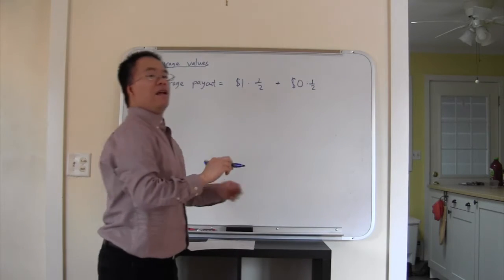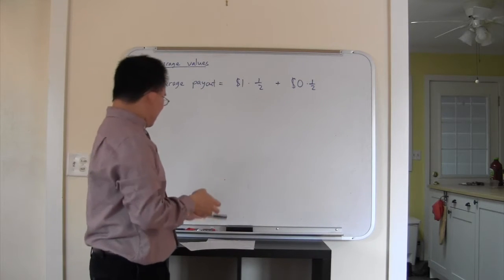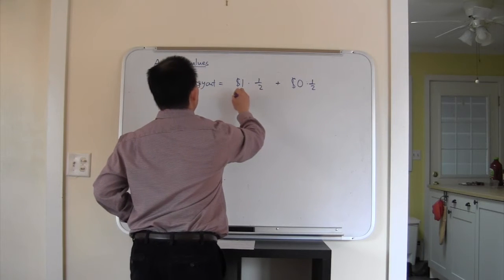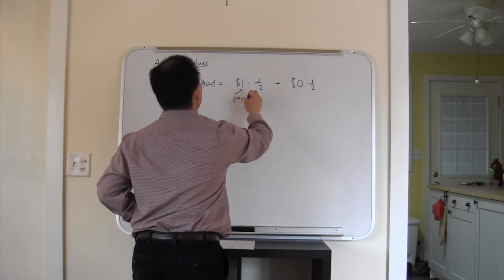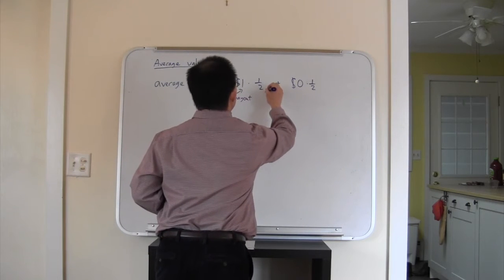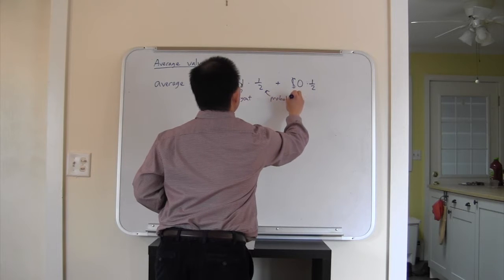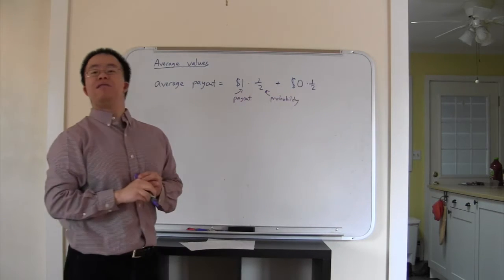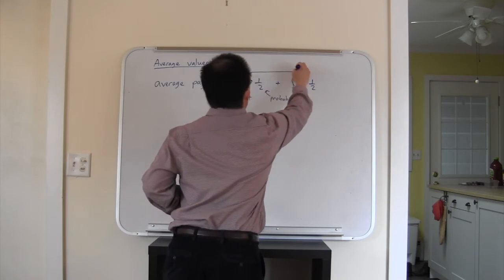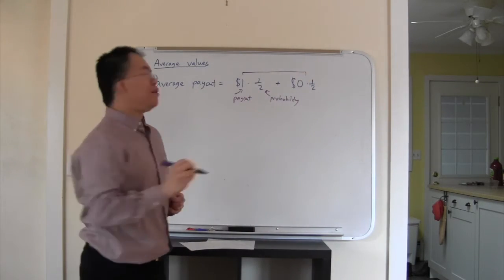So let me label this: payout times the probability of that payout, and notice that we're summing over all possible outcomes here.